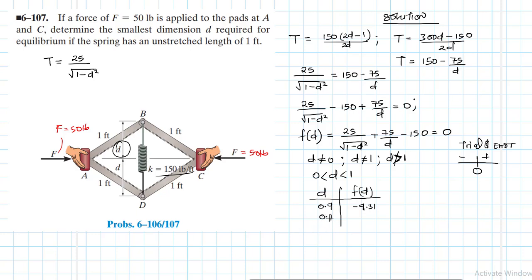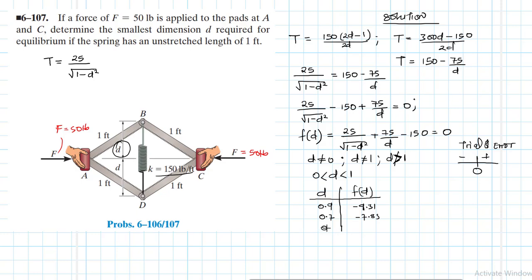Okay, minus. Let's try 0.7. 1 minus 0.7 squared, root of that, and 25 divided by answer plus 75 divided by 0.7 minus 150. We still have a negative, 85.